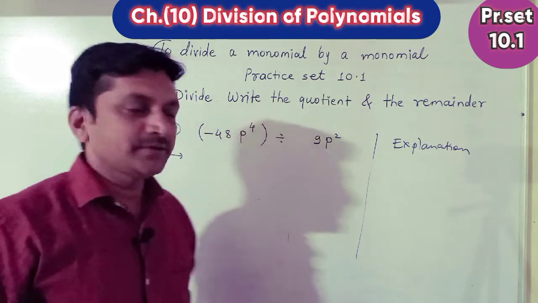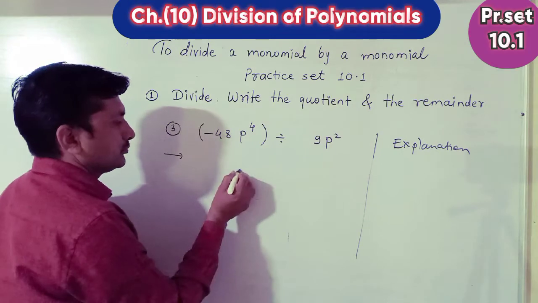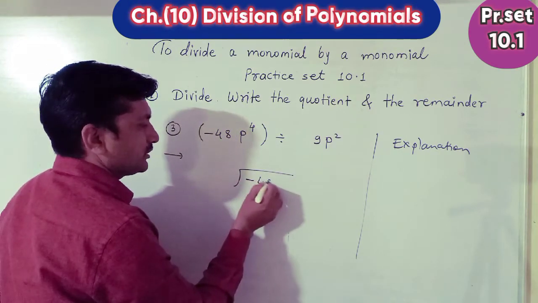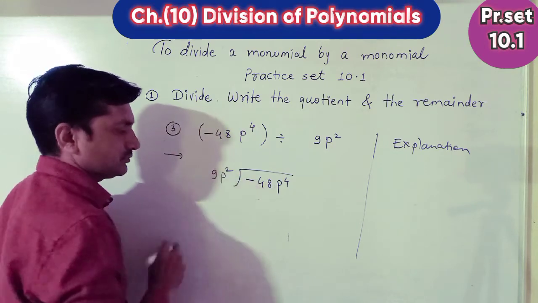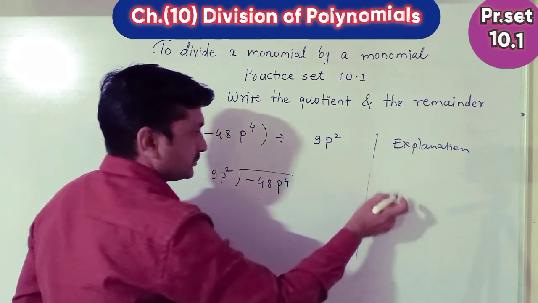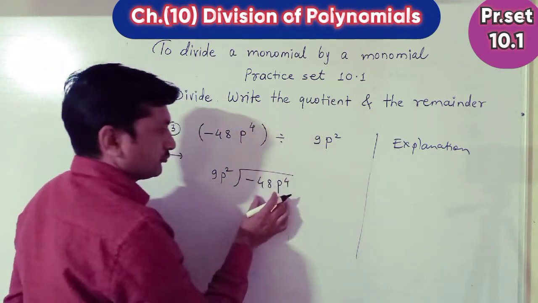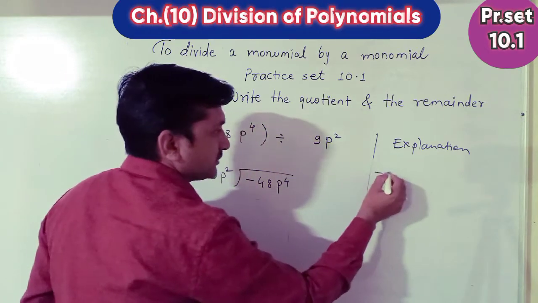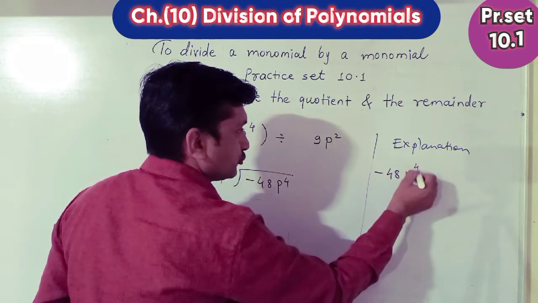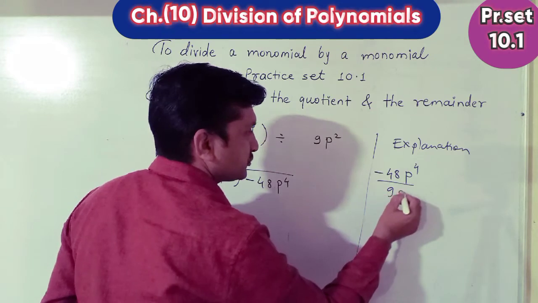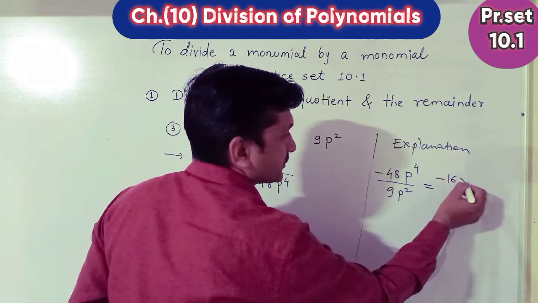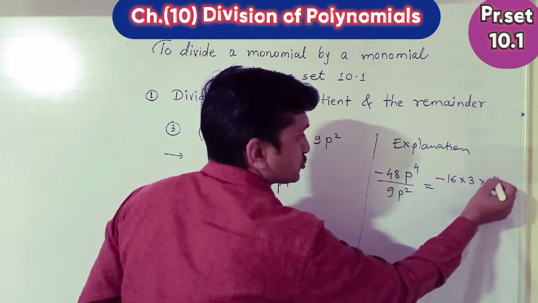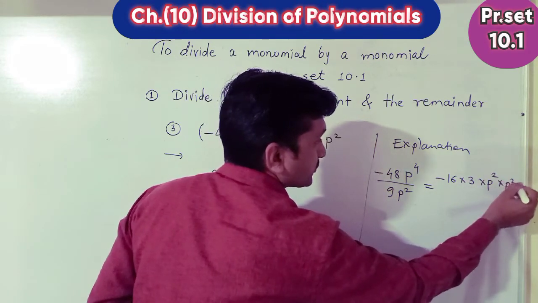See example number 3. Minus 48p raised to 4 divided by 9p square. Now in explanation write by horizontal way, not vertically here. Minus 48p raised to 4 upon 9p square is equal to, now factors of 48, 16 3s are 48, p raised to 4 write as p square into p square.